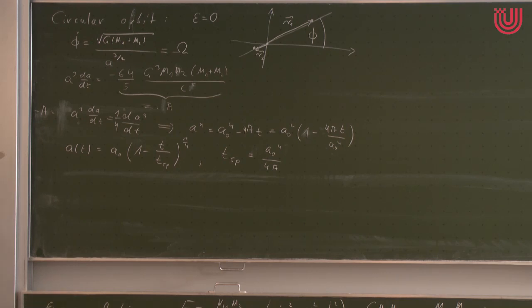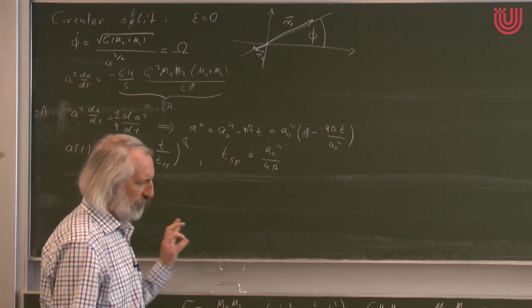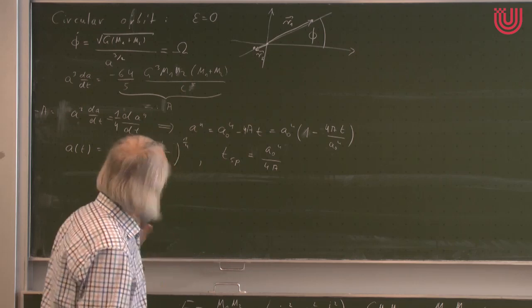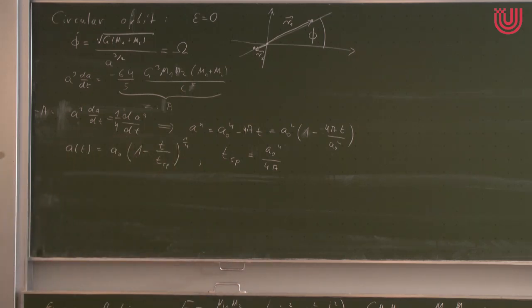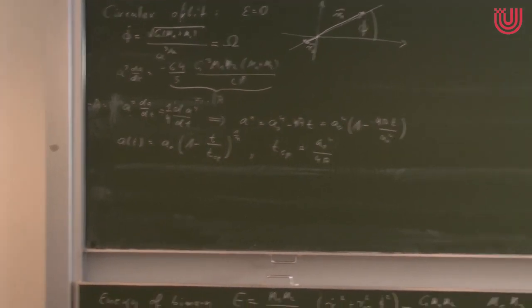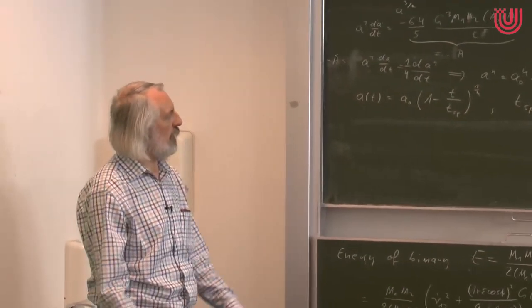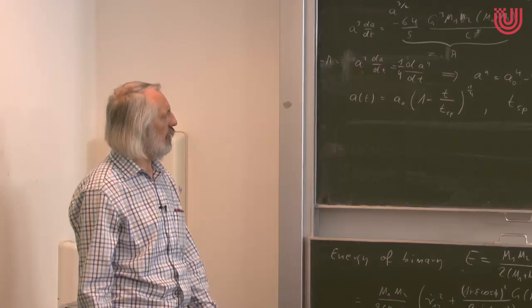We will calculate this. So it's only at the very end of this process, within, I don't know, minutes or something like that, we have really strong gravitational effects where this approximation breaks down. This approximation that we have mass points which approach each other in a spiral motion. So for the order of magnitude of the lifetime, that's a reasonable approximation.